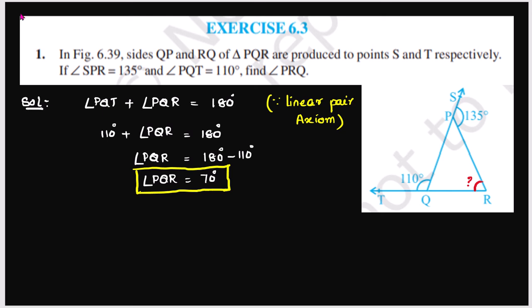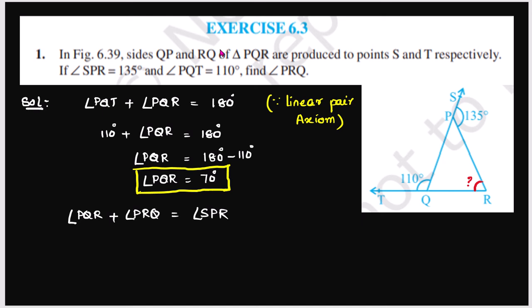According to the exterior angle property, angle PQR plus angle PRQ equals angle RPS, or SPR, we can say. Angle SPR. Why should we write like this?